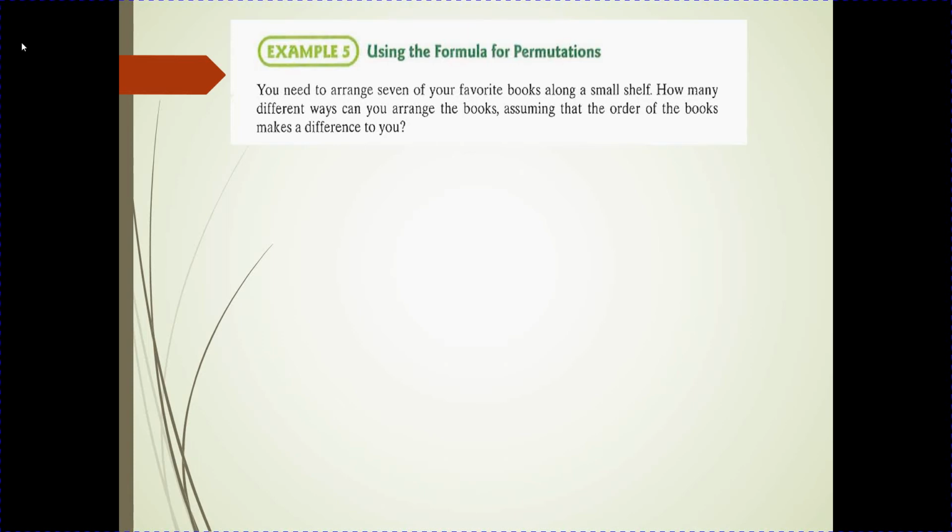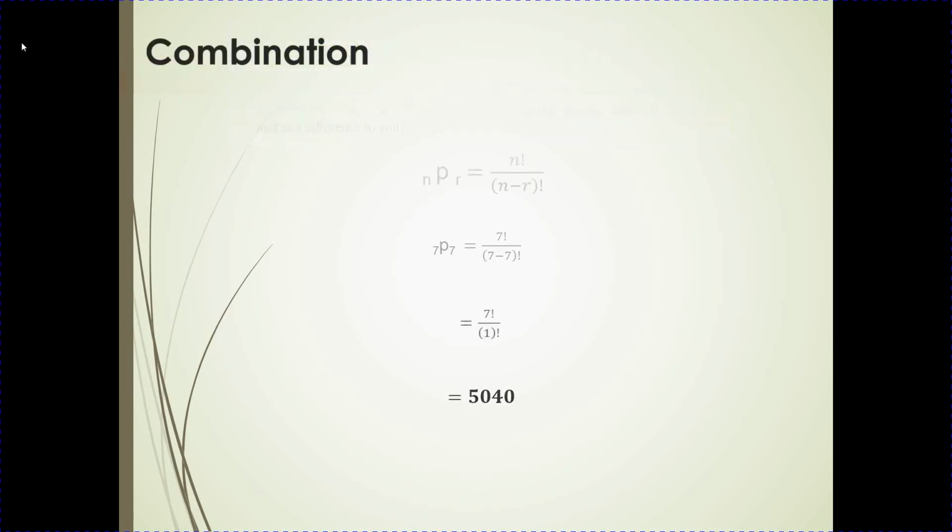Because you consider the order of the books, again you are going to use a permutation, okay? So which is 7P7, which is 7 factorial over 7 minus 7 factorial. 7 minus 7 is 0, and 0 factorial is 1. So 7 factorial over 1 factorial is 7 factorial, which is 5040. So you can arrange your 7 books in 5040 ways.